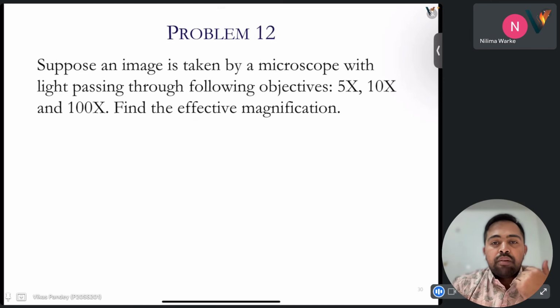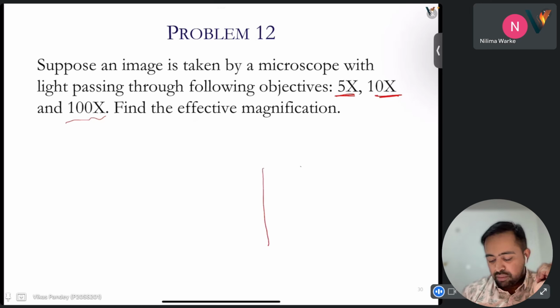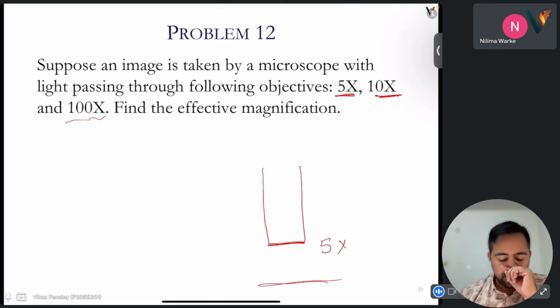Suppose an image is taken by a microscope with light passing through following objectives. So it is 5x first, then 10x, then 100x. So we have multiple objective lenses. One is say 5x. So let's consider it is just a simple light source, and light passes through 5x.